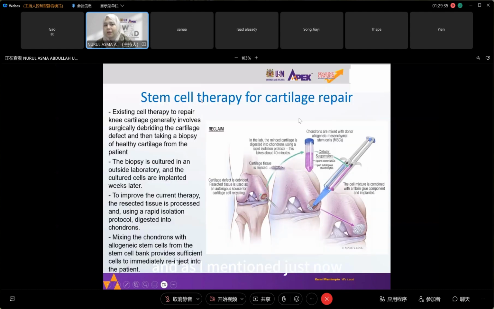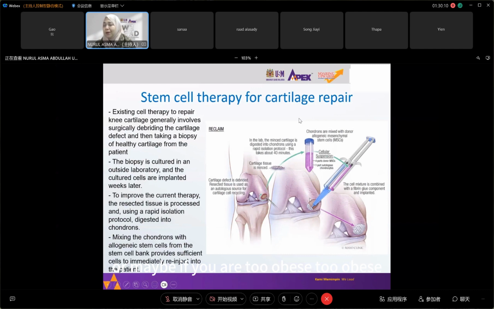And as I mentioned just now, stem cell therapy for cartilage repair. So this is the knee. When you have injury to the knee, usually when you get older, and during your youngster years, you are too active, you're using so much of your foot, of your knee, then you can have wear and tear to your cartilage.